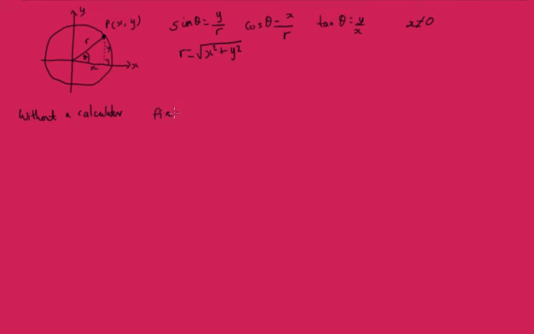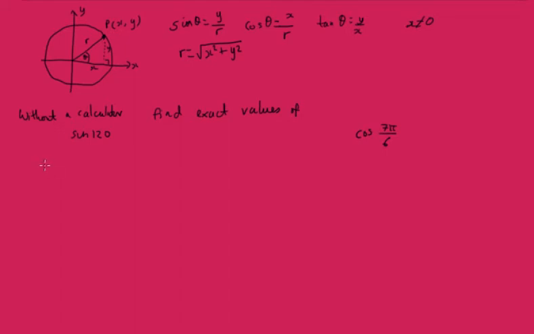Find exact values of the sine of 120 and the cosine of 7 pi over 6.